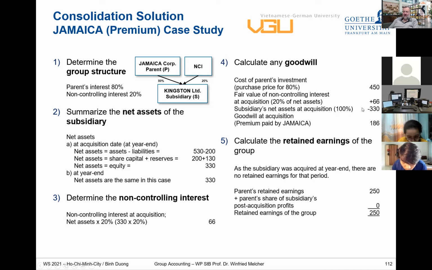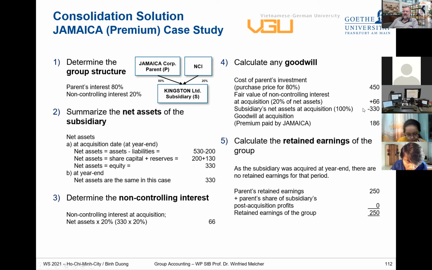You take the cost of the parent's investment, that is the purchase price for the 80%, which was 450. Then you take the fair value of the other shares, which is 66. So 450 plus 66. You then have the value of all the shareholders, what they paid or what would be a fair share in the assets that they own. So that is 100% of the shares.